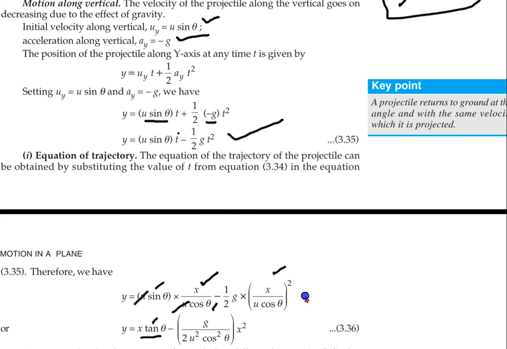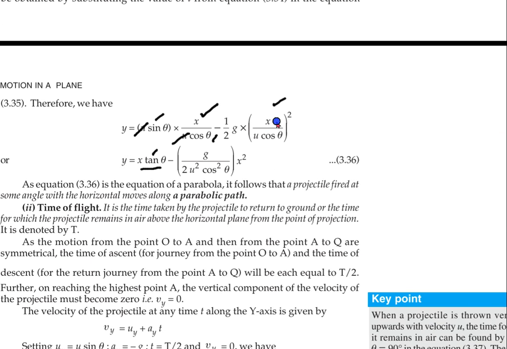We'll square all these. If I square it, that will be x squared, so u squared cos squared theta. So I have g by 2, and since it is squared, cos squared theta into x, x.